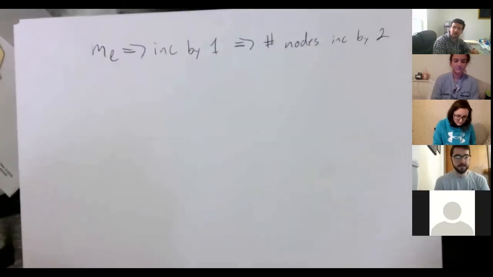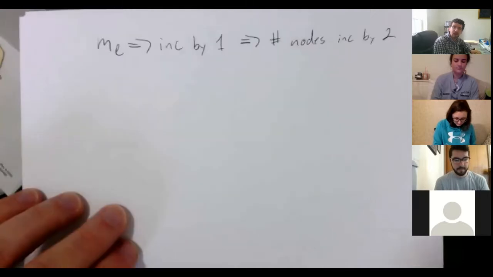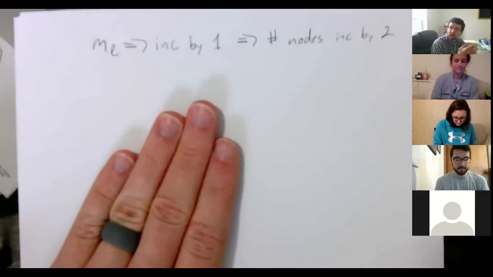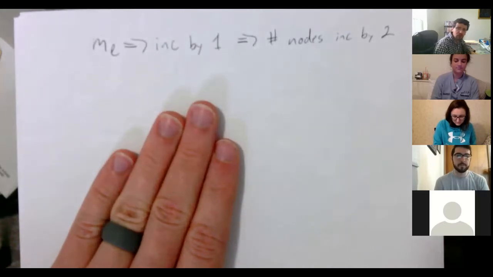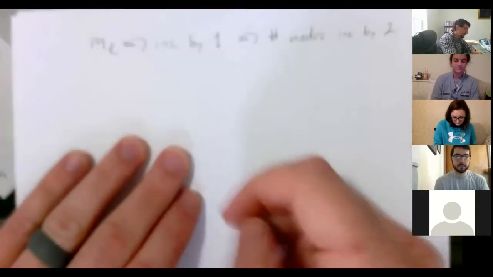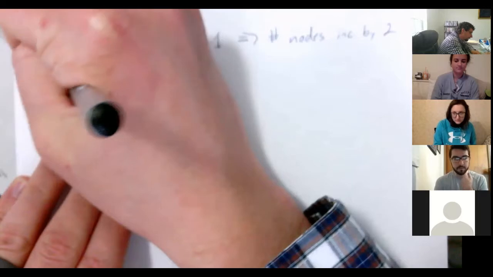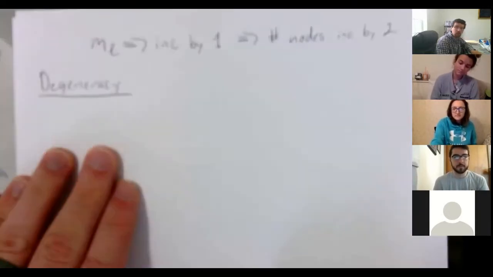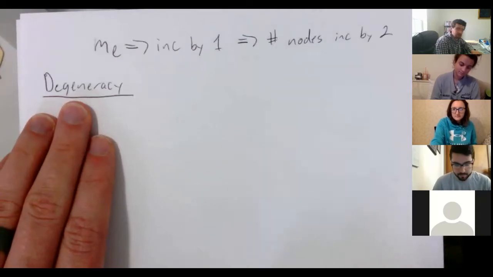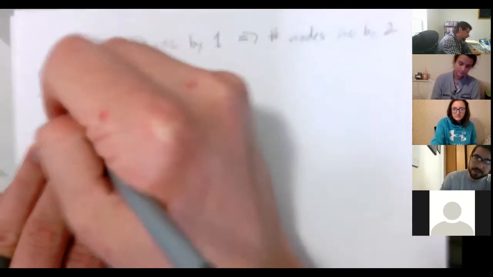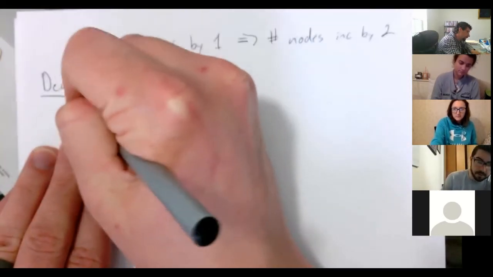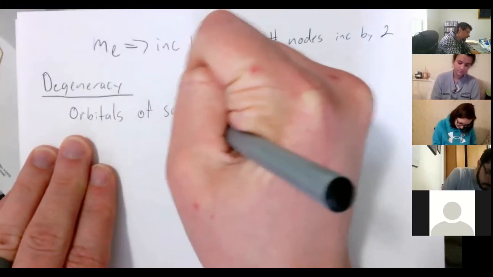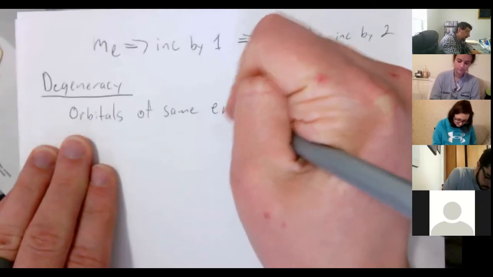Okay, but let's talk about some degeneracy in this system. Because if you remember, we wrote plus or minus, and those had the same values. So let's show that there is, in fact, degeneracy in this system. Do you remember what degeneracy meant again? Orbitals with the same energy levels. Yep. Orbitals of same energy. Yep, energy.